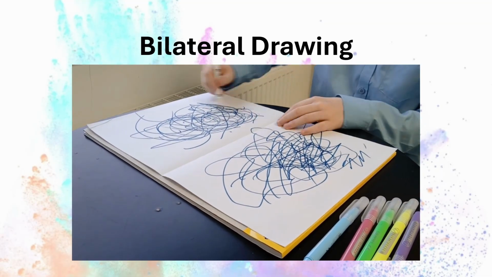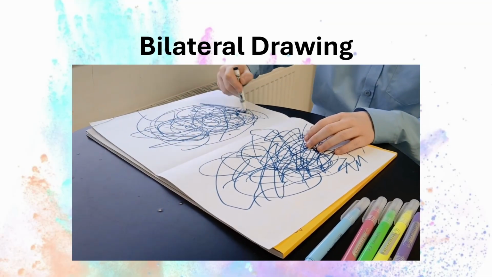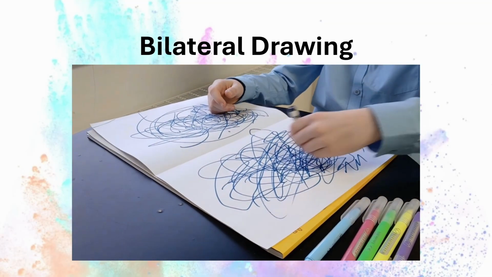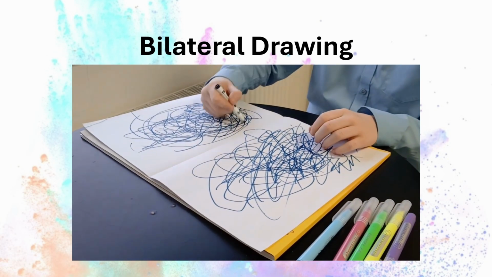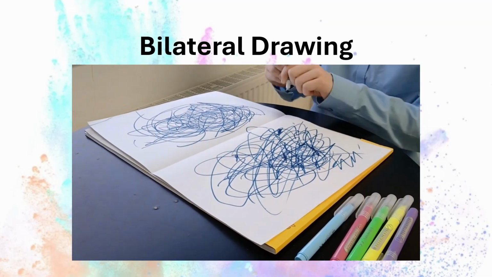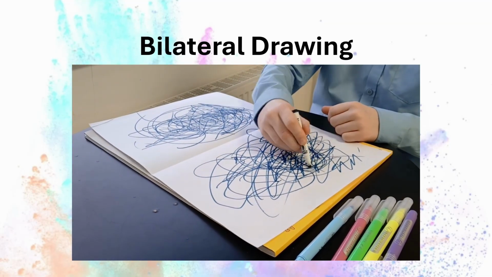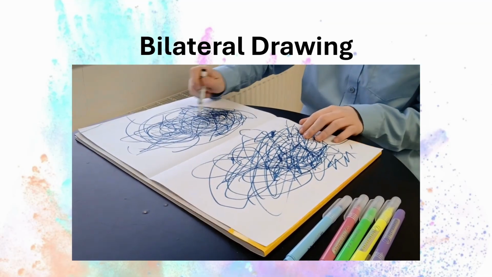The process is often referred to as scribbling with both hands and doesn't focus on creating a certain image but rather on the act of drawing itself. This can help individuals ground themselves, reduce stress, and reconnect their explicit and implicit memories.